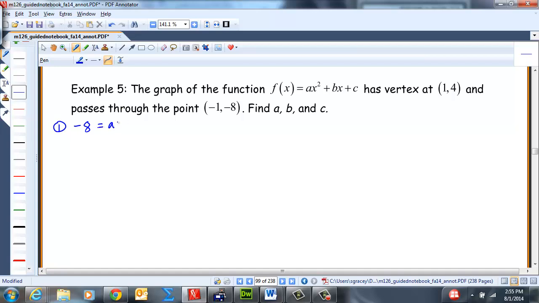So we'll have a times -1 squared plus b times -1 plus c. So this is what I plugged in for x. And then for f of x, we plugged in -8 for the whole function value. So this gives us -8 is a minus b plus c.